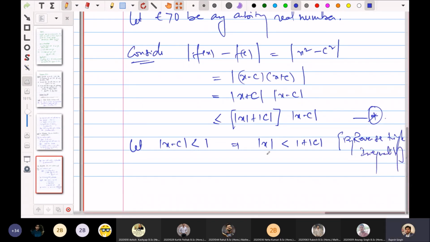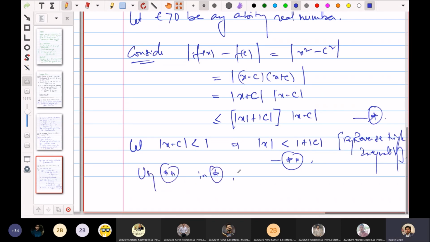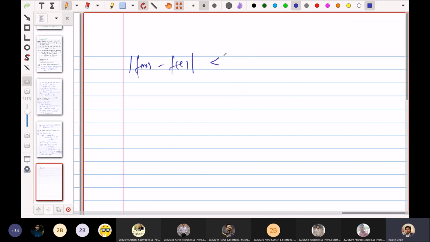Fine. So using double star in star, we get f(x) minus f(c) is less than 1 plus mod c, which becomes 1 plus 2 mod c because there is already 1 mod c, times mod x minus c.